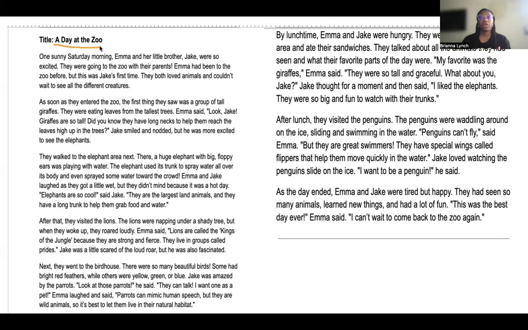If you get a question like, what is the title of the story? You know that it's A Day at the Zoo, right? When we're talking about the zoo, we already get an idea of what this story is somewhat going to be about. It's probably going to be about animals, or somebody going to the zoo, or something that may have happened at the zoo. So now we have an idea of what we're about to read.